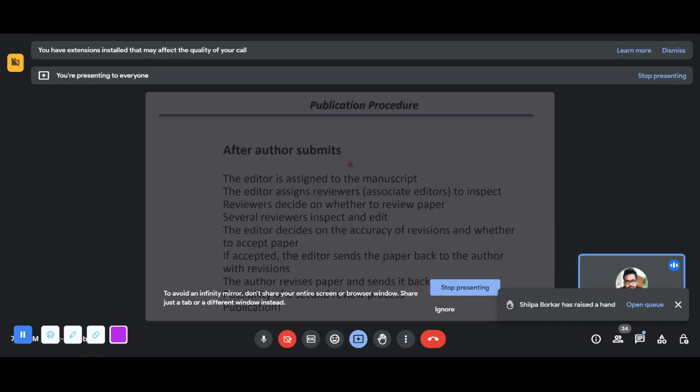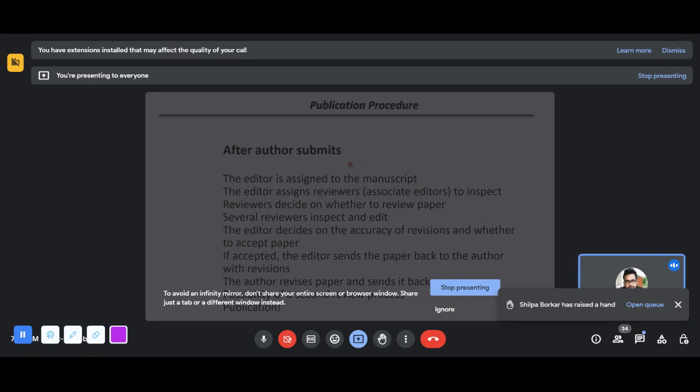If he thinks it is not suitable, he will reject the paper. He will mail the corresponding author that although your work is good, we don't think there is enough novelty for it to be published in our esteemed journal. That's called a desk rejection, where it is not reviewed.